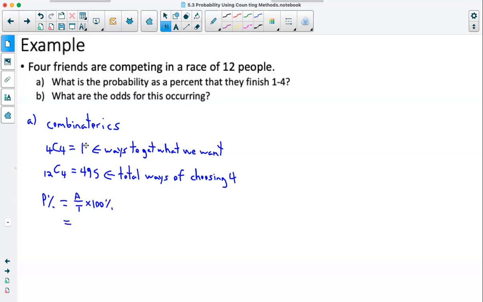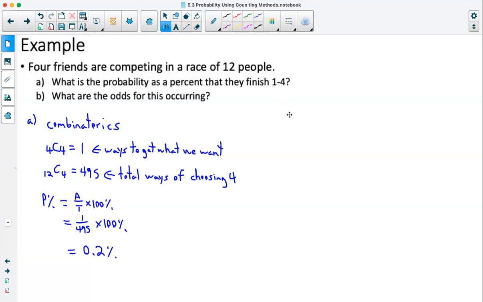So our amount of ways would be 1 over 495 times 100%. And if we calculate that, that gives us 0.2% as our probability that in a race of 12 people, the friends finish 1 to 4.